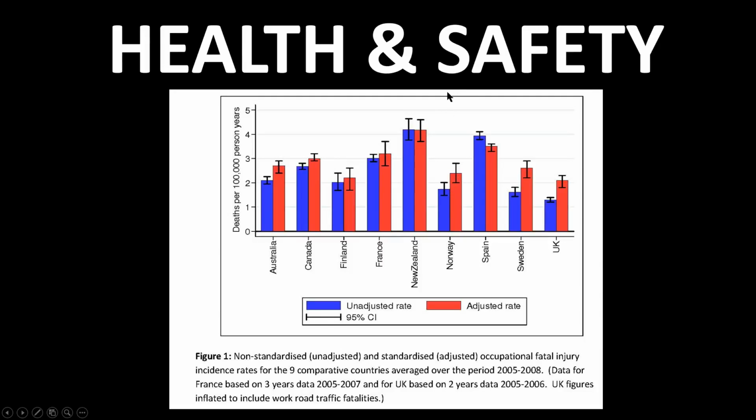And we can see here that New Zealand leads the world. Yes, folks, we're the best. We kill more workers than any other country. Fewer people go home after work in New Zealand than anywhere else. Here we go to work and some of us don't go home.